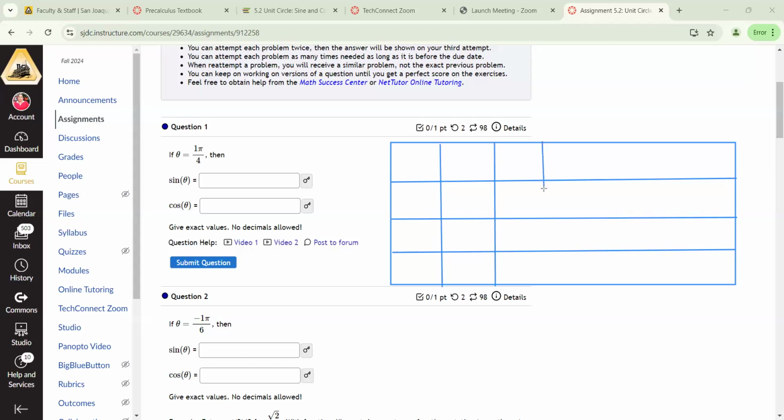Let's say here is 30. I can make this line a little bit more space here. 30, 45, 60, and 90.